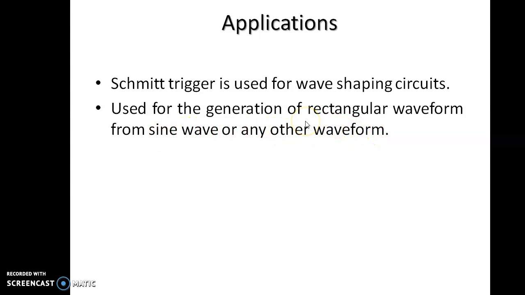So in this lecture, we have seen the conversion of a sine waveform into a rectangular waveform, but a Schmitt trigger is capable of converting any non-sinusoidal waveform into the rectangular waveform, and hence we can say the Schmitt trigger is used for wave shaping circuits, or in other words it is used for the generation of the square or rectangular waveform, which depends on the input.